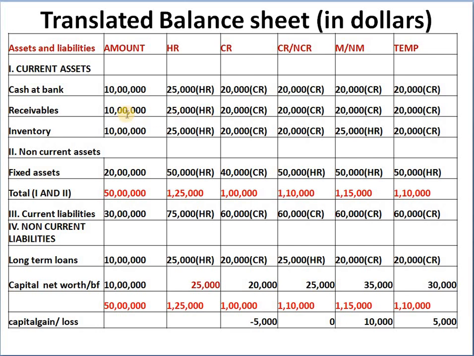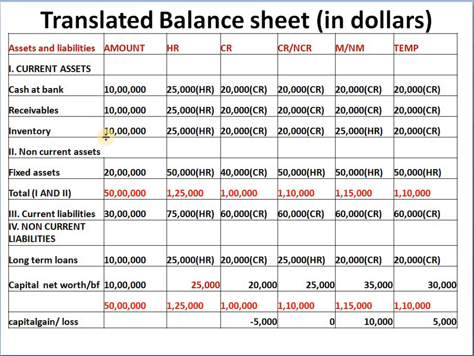So 10 lakh divided by 40, you are going to get 25,000. 10 lakh divided by 50, you are going to get 20,000. Write down 20,000 here. Under current rate and current/non-current, it is recorded at the current rate. Again CR 20,000.